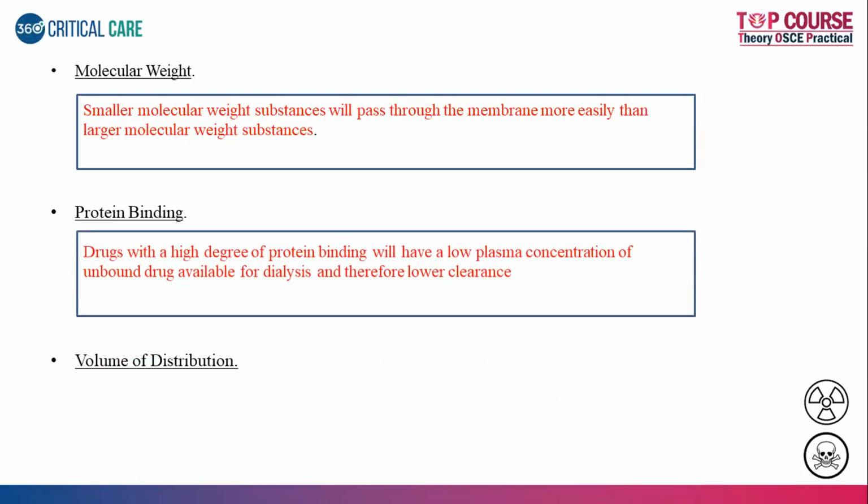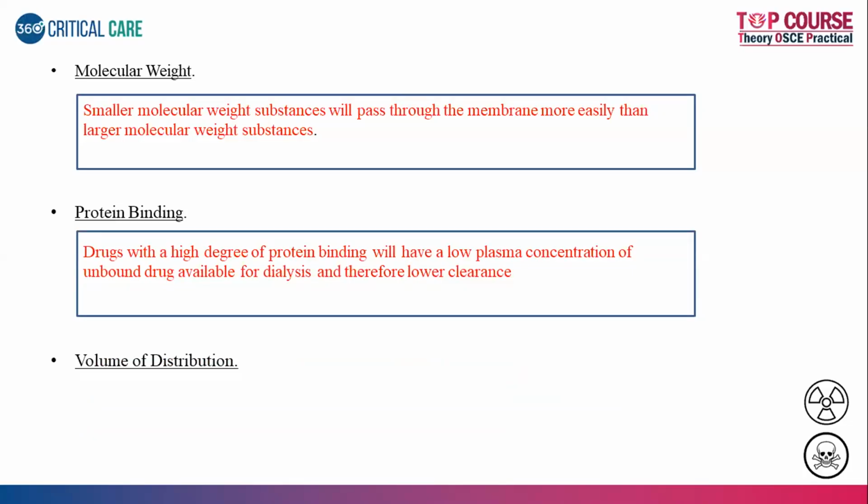Second, protein binding. If the drug is bound to proteins, then the free form of the drug in the blood is less, so it cannot be removed. So the protein binding should be less, then only the drug can be removed easily.